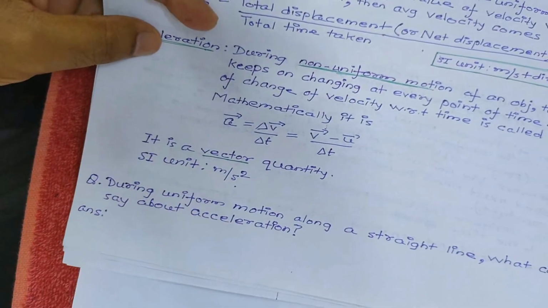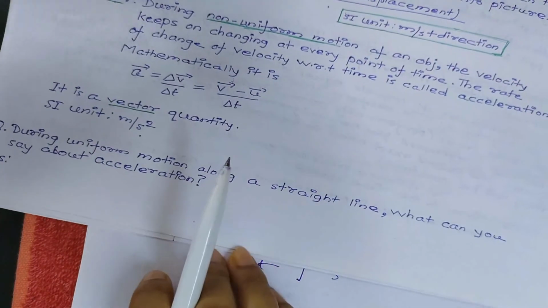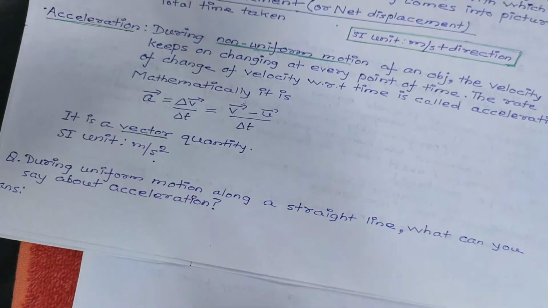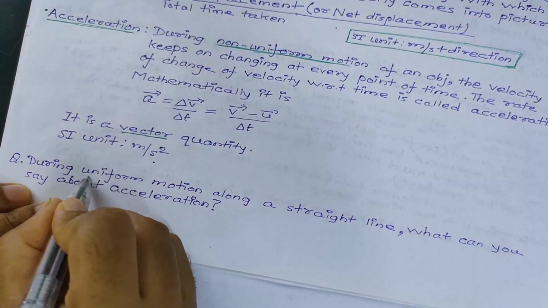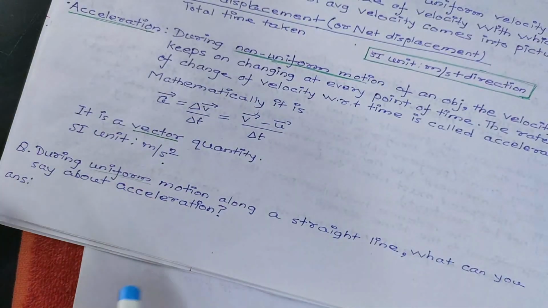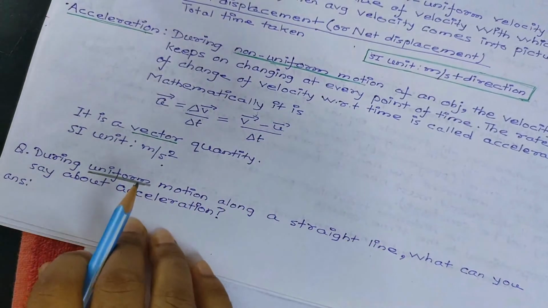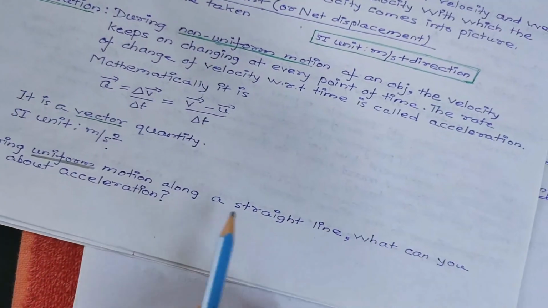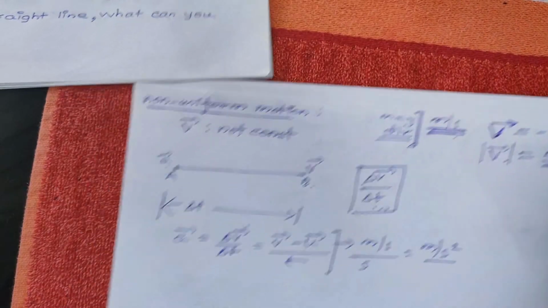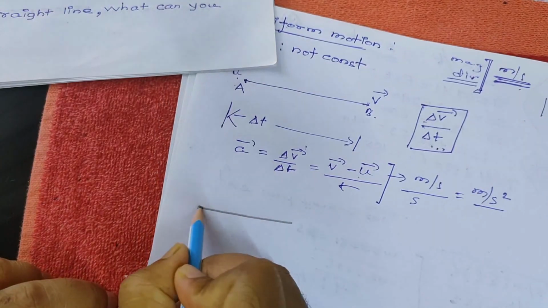Now I'm going to ask a very simple question. Just try to give an answer. During uniform motion along a straight line, what can you say about acceleration? The object is in uniform motion, moving along a straight line.